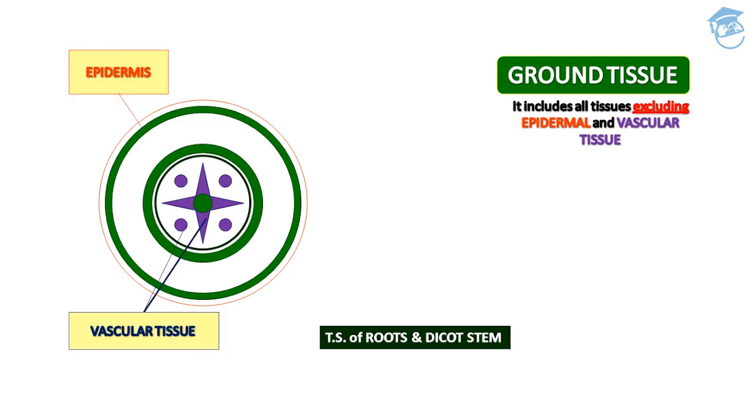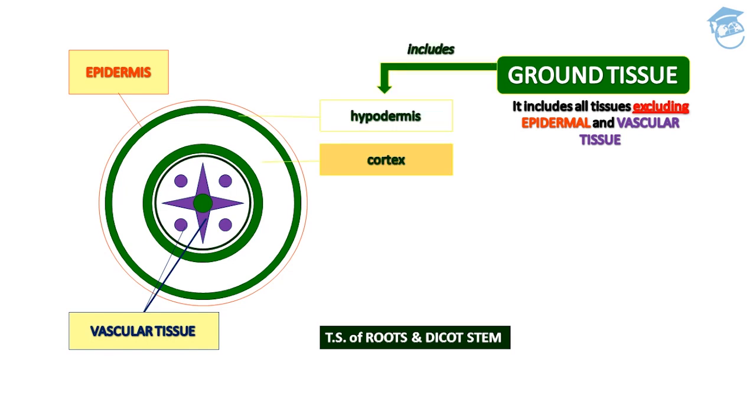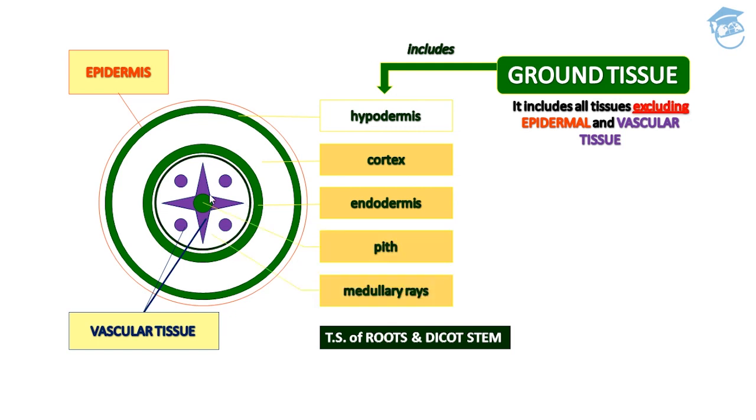This is the vascular tissue, which is represented by this purple color, and it includes hypodermis, cortex, and endodermis, which is this inner layer. This central one is called pith, and this is medullary ray. So ground tissue includes hypodermis, cortex, endodermis, pith, and medullary rays.